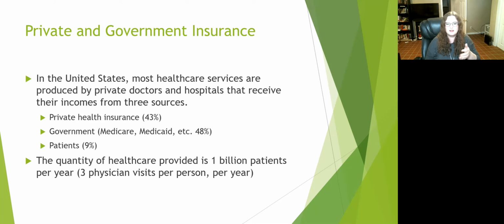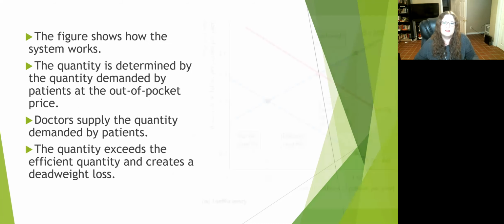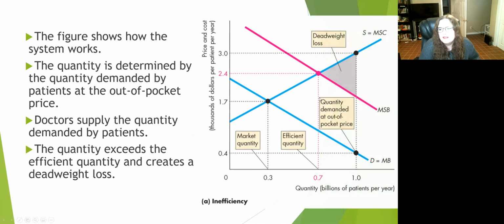So in this, we find that the quantity of healthcare provided is about 1 billion patients a year, about 3 physician visits per year. But sometimes we see that that ends up having another inefficiency, right? So with the single payer, we may have had some amount of patients, but there was an inefficiency that was created because maybe not everyone can get access.